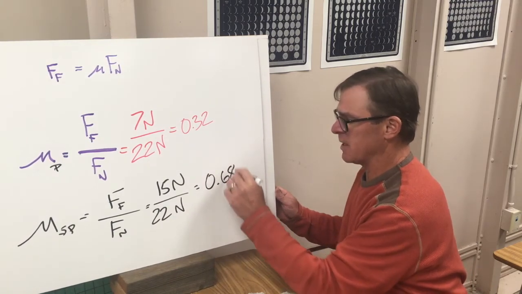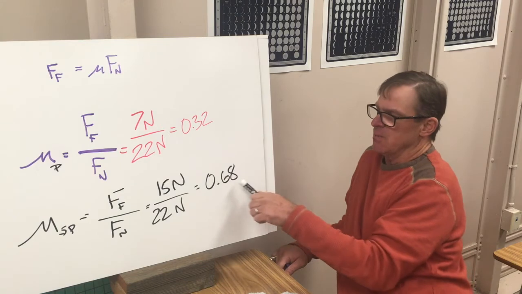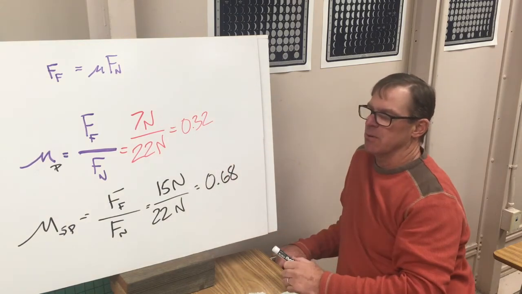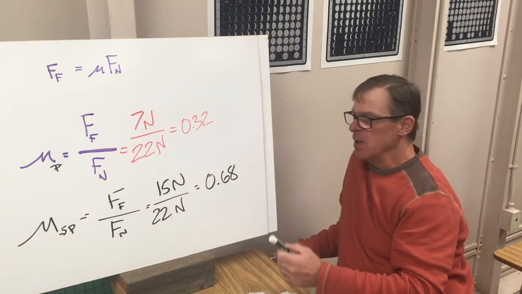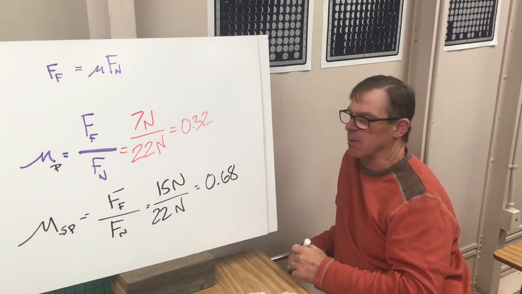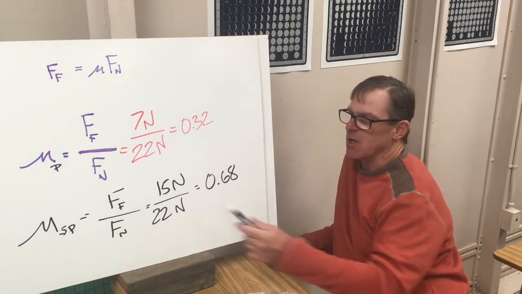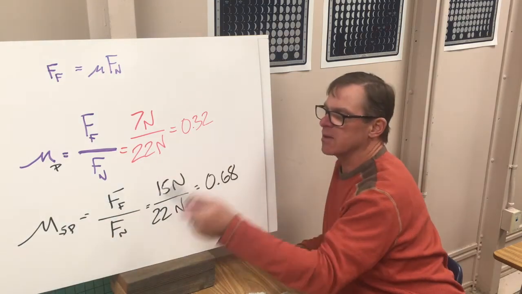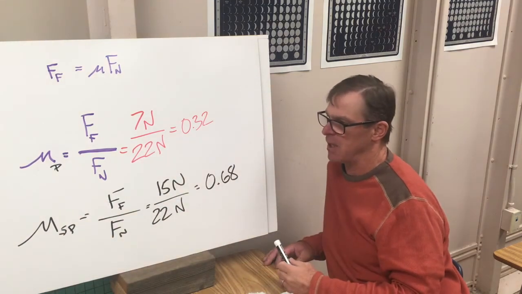So look at that. 0.68 is more than double 0.32. So by using a different surface, sandpaper in this case on plywood, we had a coefficient that was double what the coefficient was when it was just paper on plywood.